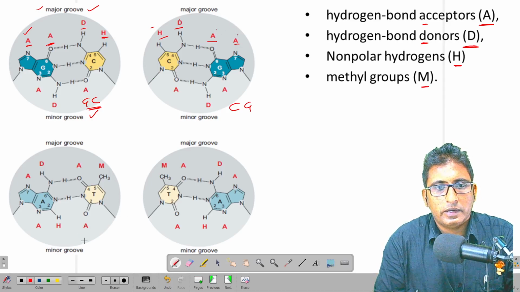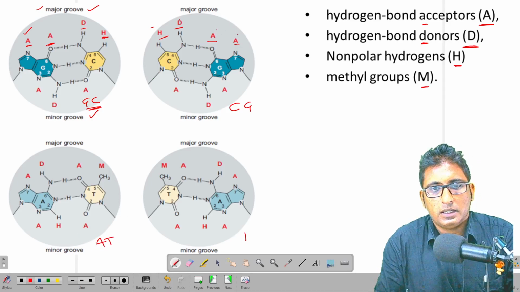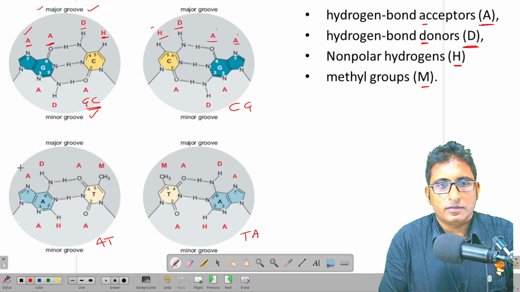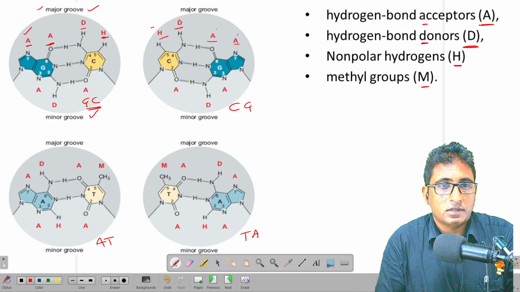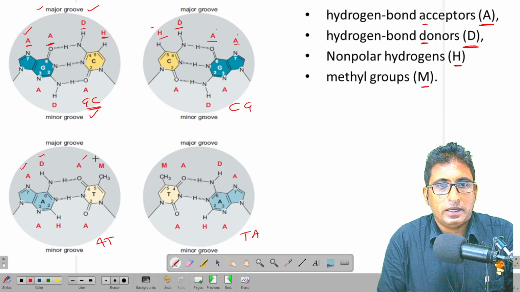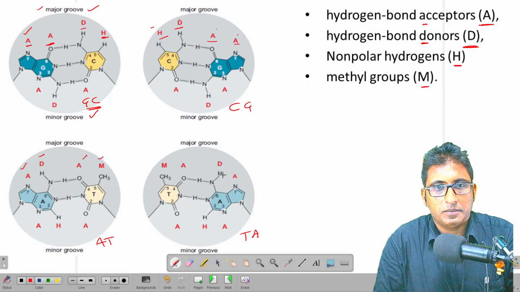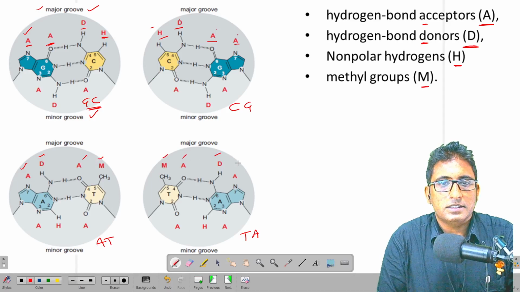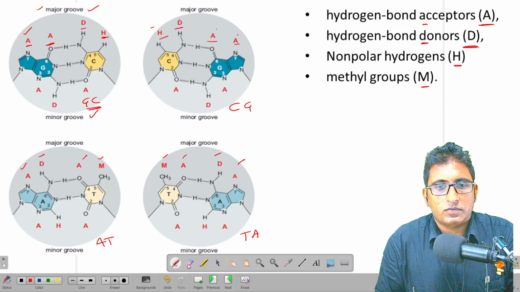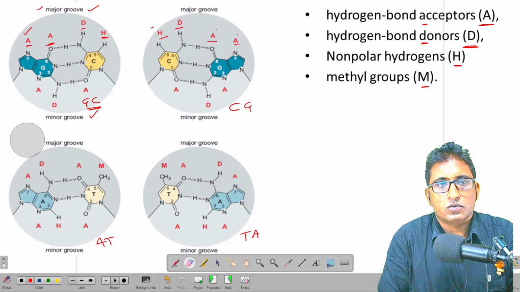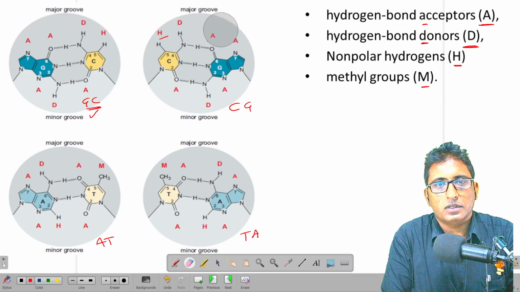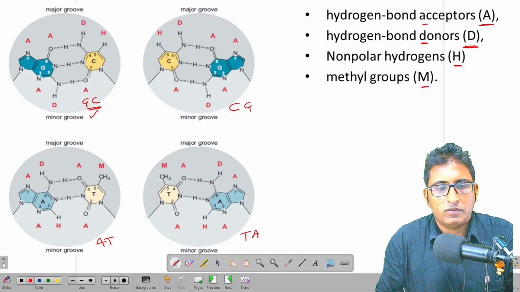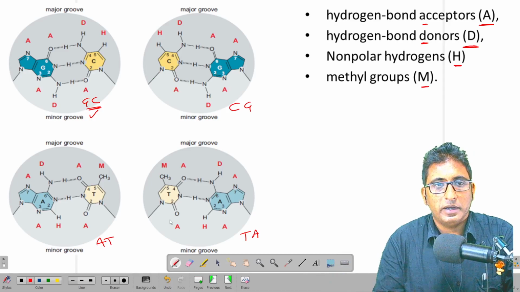If you look at AT and TA, we also have some difference, that is ADAM, something like Adam. And if it were a TA base pair, then we have MATA. So one of the differences that we can think of is the differences between what functional groups are available on the major groove and the minor groove.